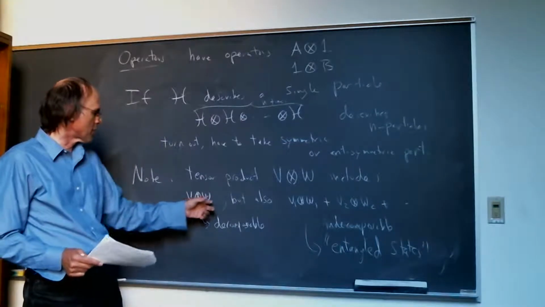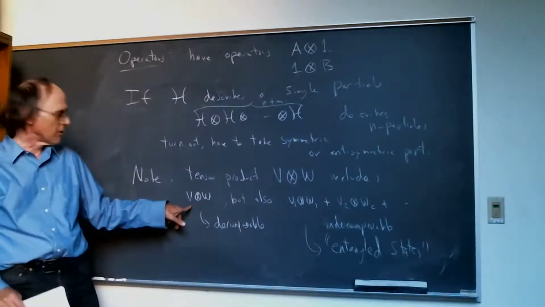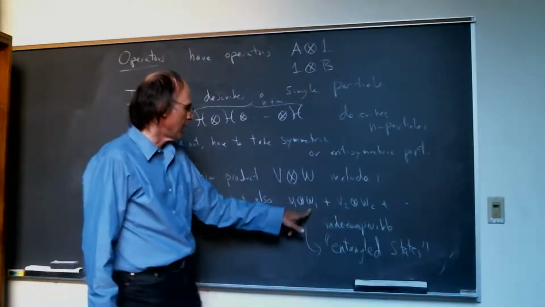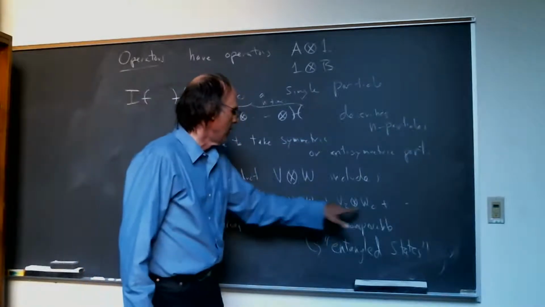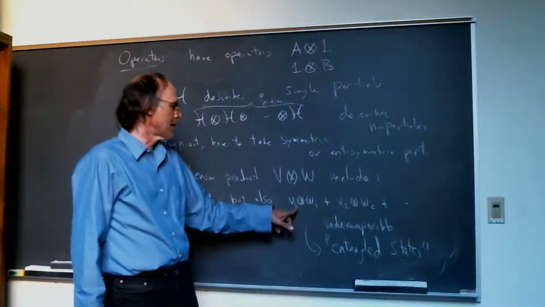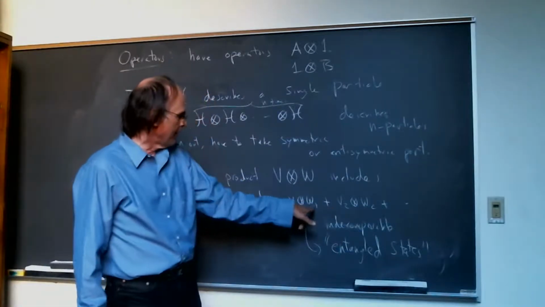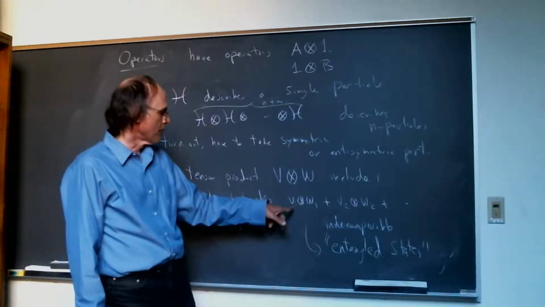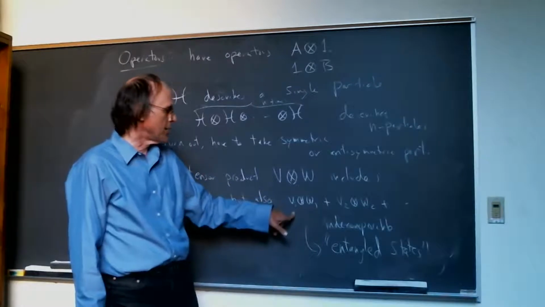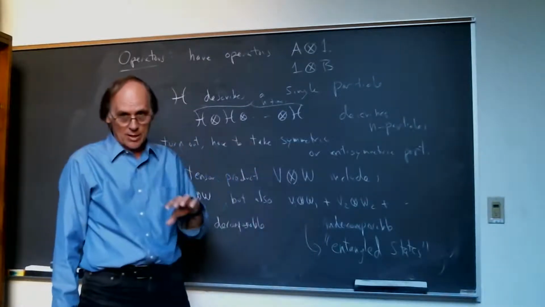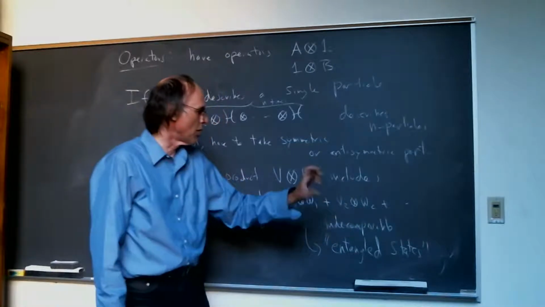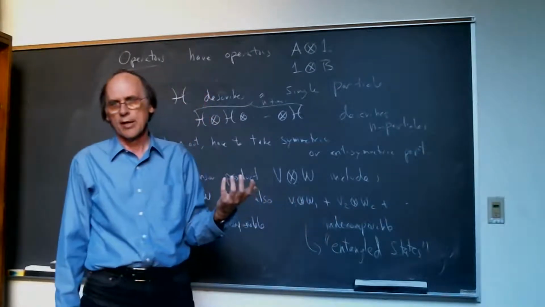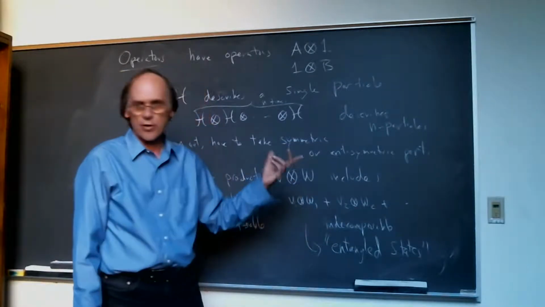There's a well-defined notion of what observable to associate to these states. The problem is, if you add together things like this, even if V1, W1 were eigenvectors for some operators on these two different kinds of states, and V2, W2 were also eigenvectors, if you put this together, you're going to get something which is no longer an eigenvector for those operators.